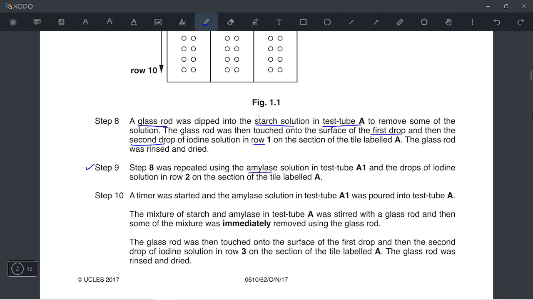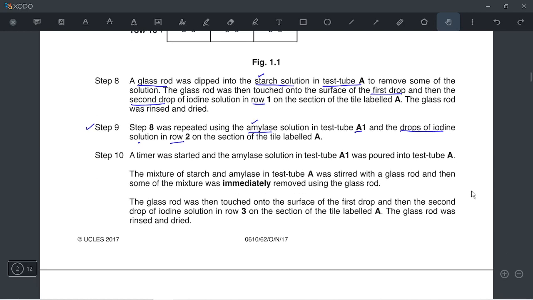First they used starch solution, and then amylase solution from test tube A1, with drops of iodine solution in row 2 on the section of the tile labeled A. Here you can see the same step was repeated using amylase solution from test tube A1.